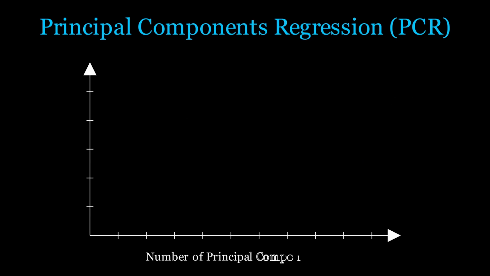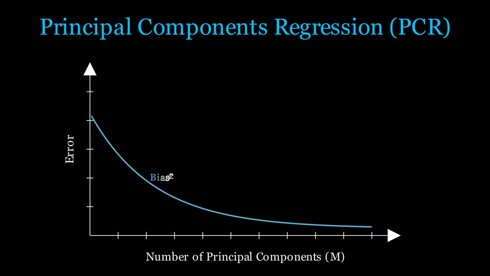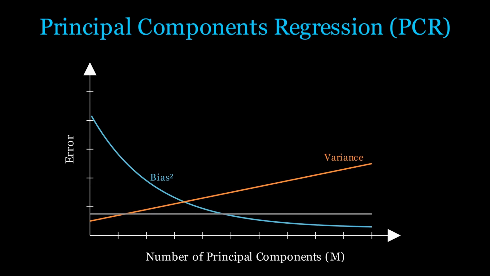How does the bias-variance trade-off vary as a function of the number of principal components? First, the bias squared. As we add more principal components, our model becomes more flexible and captures more information. Next, there's variance. As we add more components, the model gets more complex and variance starts climbing. When we combine these with the irreducible error, we get the test MSE.